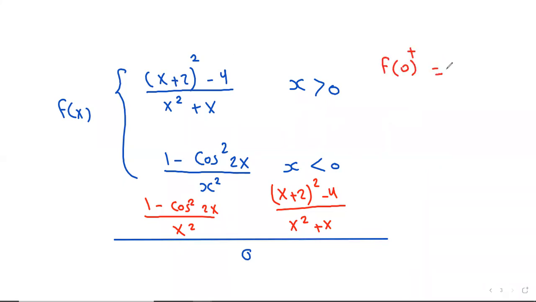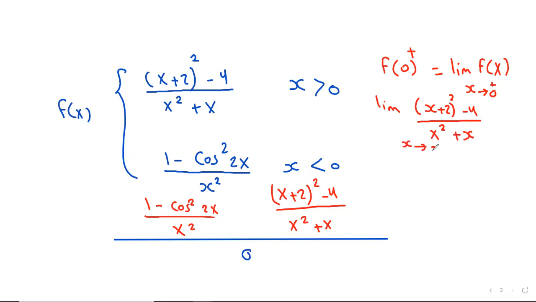That means you are going to find the limit of f of x when x approaches 0 from the right. So you are going to find the limit of x plus 2 to the power of 2 minus 4 over x to the power of 2 plus x when x tends to 0. Here, we can expand this expression.